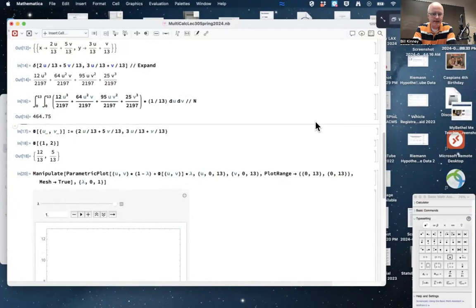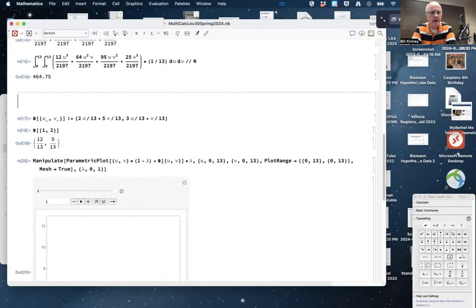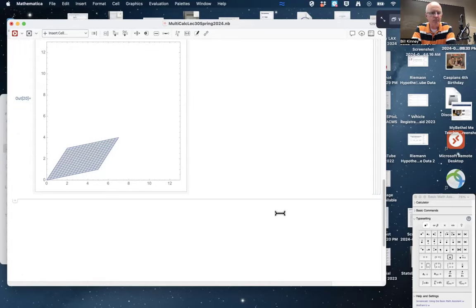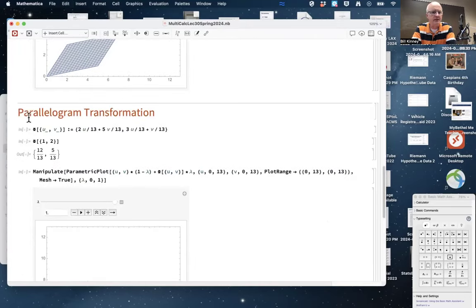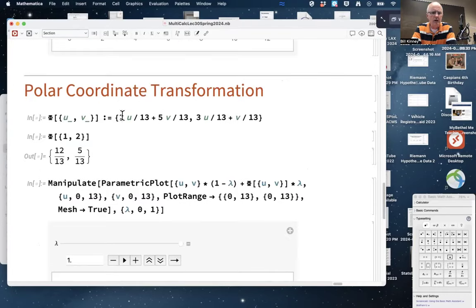let's just copy and paste this. So this is the parallelogram example. I'll call it a parallelogram transformation. Let's copy and paste out and make modifications for polar coordinate transformation. So I'll change the letters too. I'll change it to r and theta. R times cos theta is x.